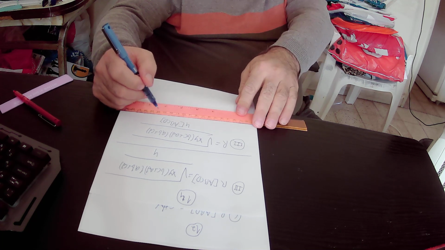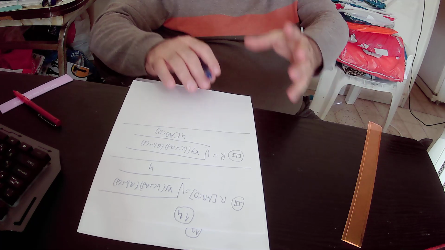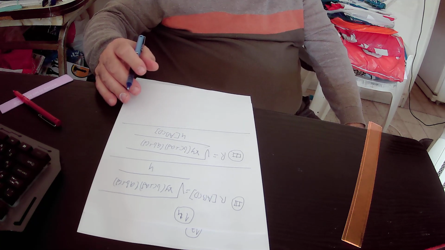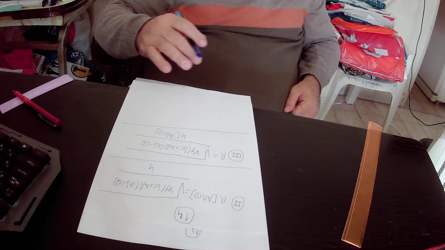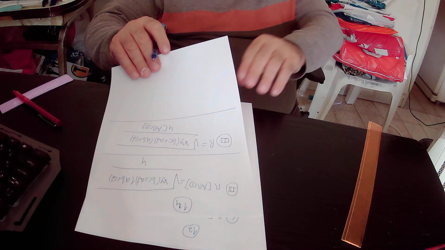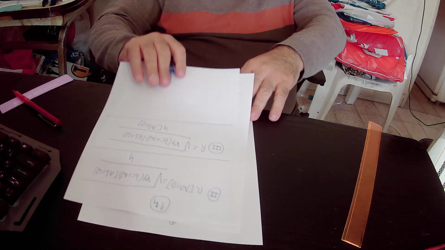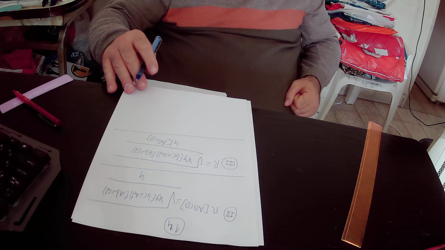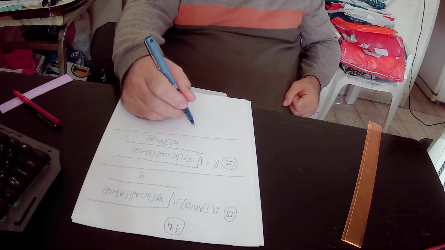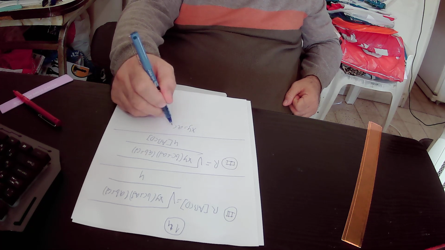Okay, so we actually found out the radius that we are looking for, the radius of the circle that blocks quadrilateral ABCD. We have already found out that according to equation number 2, xy equals AC plus BD.